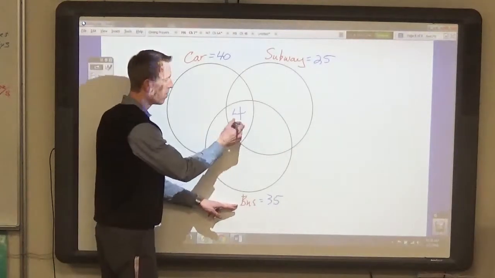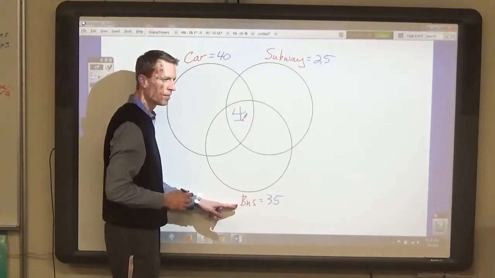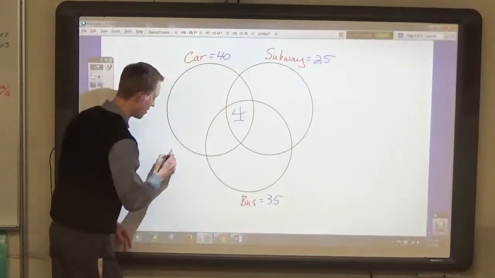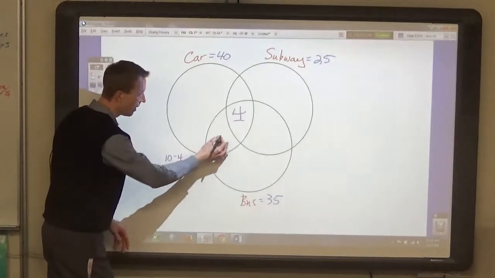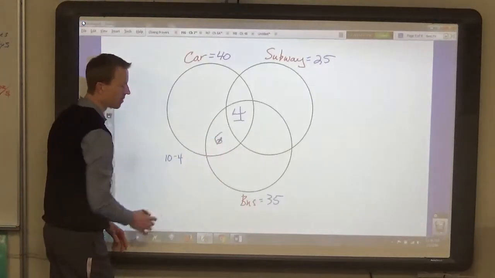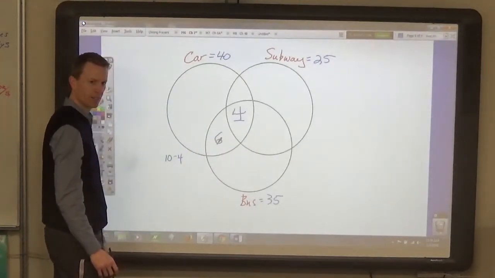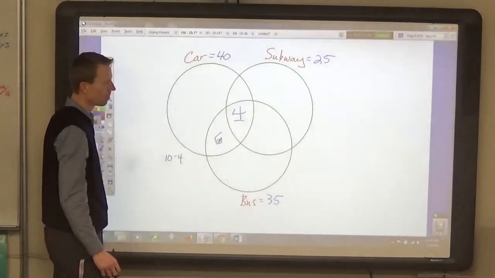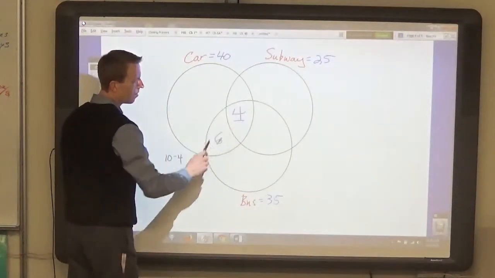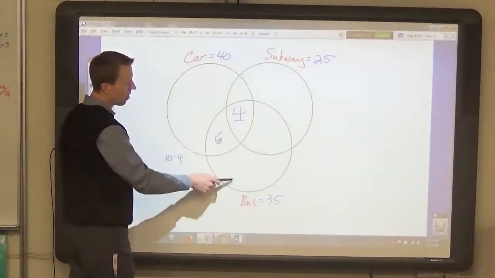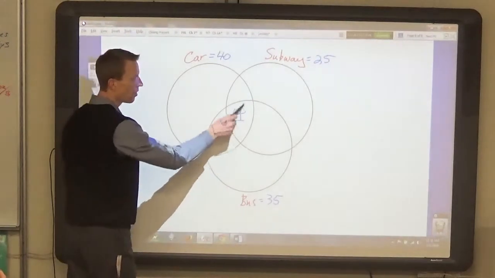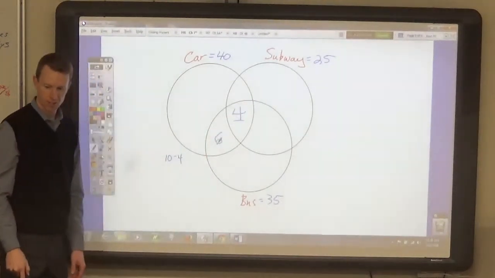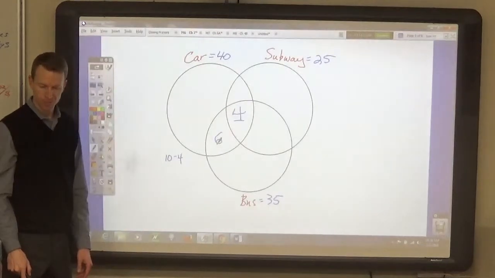And if we have 4 of them already, then 10 minus 4 is 6. Right? So 6 use the car and the bus only, because 4 are using all 3.